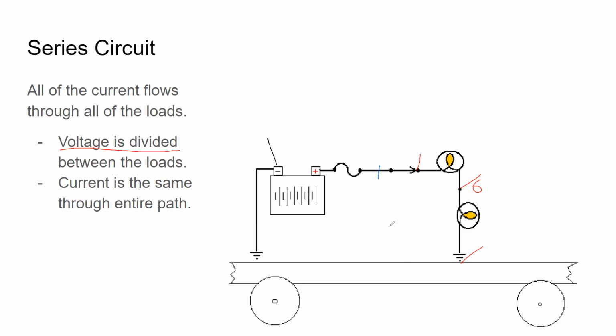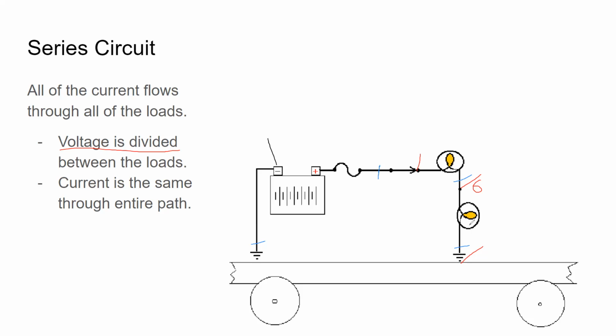If I go here, I've got 1 amp of current. If I go between the bulbs, it's 1 amp. If I go on this side of the ground, it's 1 amp. If I go on this side, it's 1 amp. The whole circuit is flowing the same amount of current. That's what makes it a circuit.